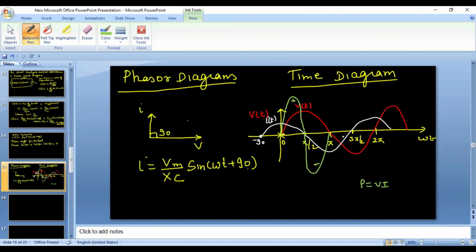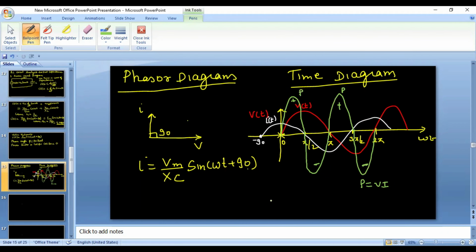Again, from pi to 3 pi by 2, voltage and current both are negative, so the multiplication is positive. From 3 pi by 2 to 2 pi, current is positive and voltage is negative, so again the multiplication will be negative. With this green color, whatever I am showing is the power variation, the red color is the voltage variation, and the white color is the current variation.